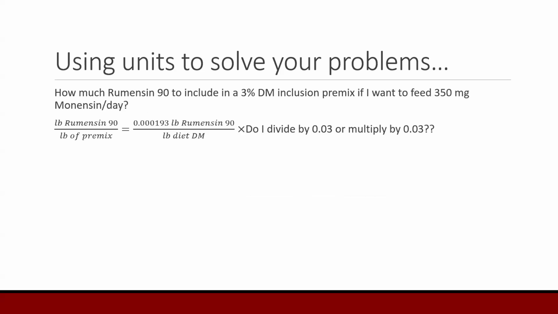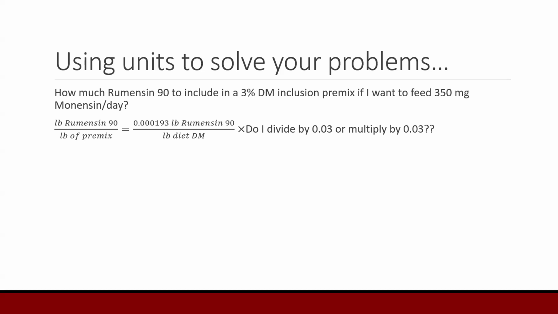So what if we want to figure out how much Rumensin 90 we need to add to make our type B medicated feed, or vitamin mineral premix, which will actually be what we load into the mixer to deliver that feed additive. If I have a ration formulated to have 3% of dry matter as vitamin mineral premix, would I multiply or divide by 0.03?